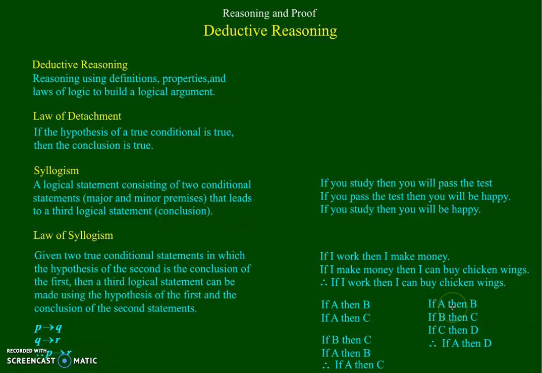Later on you're going to see an example and a proof where I believe we have 4 of these statements put together. They're a little difficult to see when you're looking for them, but it's still a valid use of the law of syllogism.